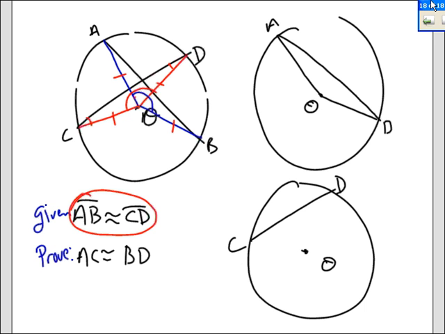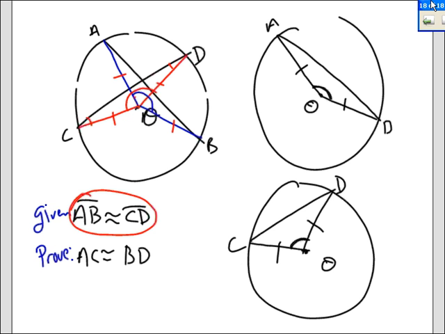Also O. Now, what we know is these 4 are equal. And we know that the central angles are equal.